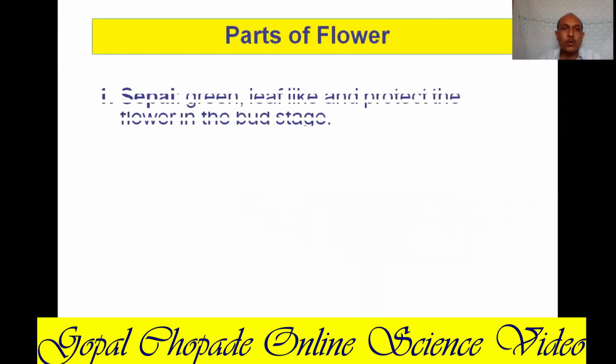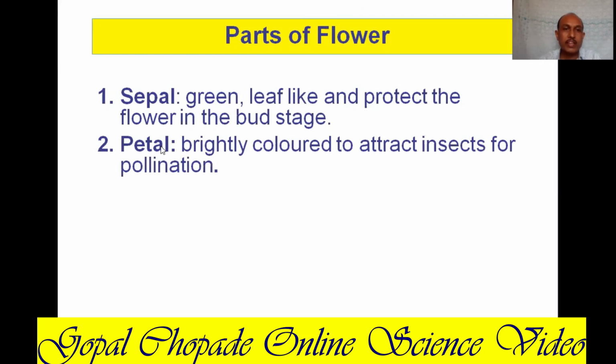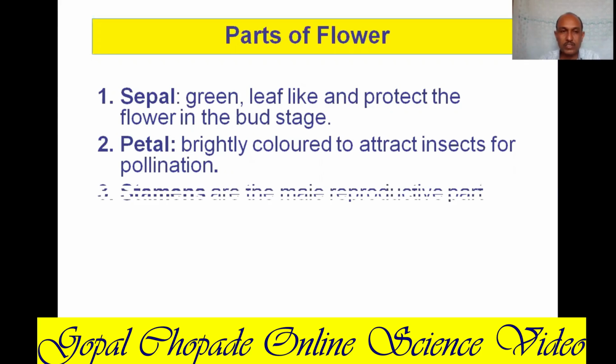Now the first part is the sepal. Sepal is generally green and leaf-like, and protects the flower in the bud stage. The second part is the petal, which is brightly colored, yellow, red, or blue, to attract insects for pollination and to transfer pollen grains.